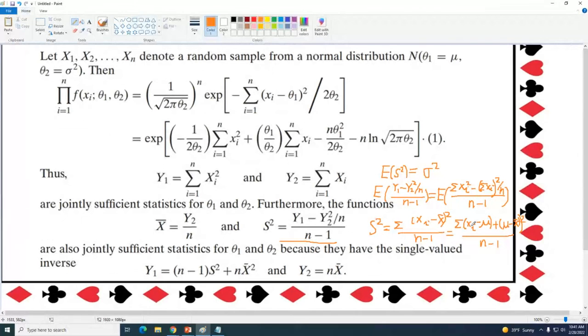That's why I try to insert a mu there, just to complete the proof. I think it's a lengthy proof if you have to prove that the expectation of this actually equals the variance squared. It's a little bit harder from that form, so I want to go back to the original definition for sample variance to prove it.